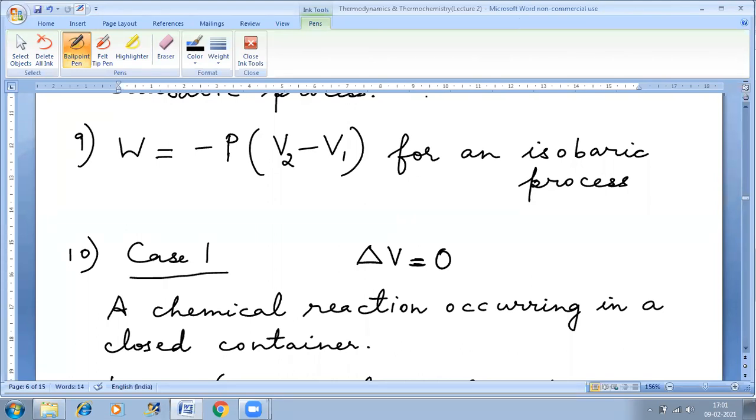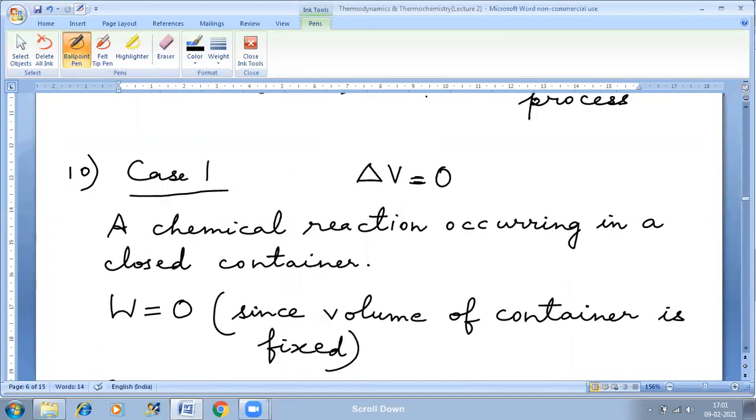If delta V is 0, then the work done will also be 0. Why? Because W is equal to minus integral of P dV. If volume is constant, that means dV is 0, and so work done becomes 0.